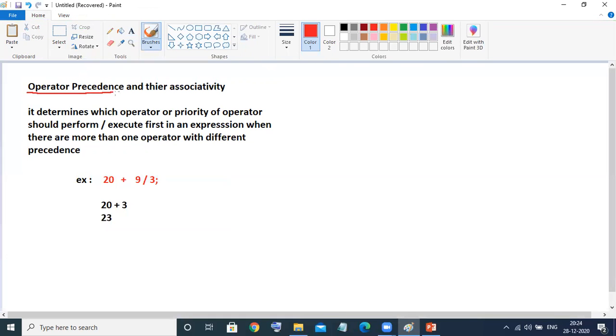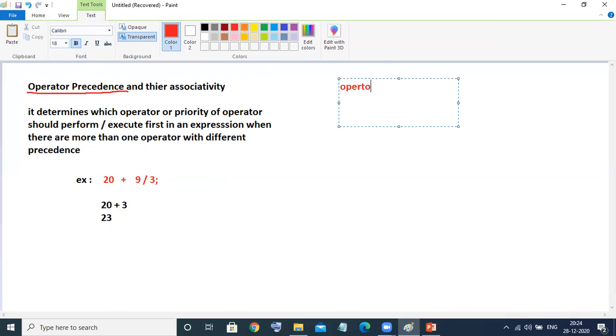If I chalk down the levels of operators and their precedence, suppose I write in that level which operator has the highest precedence. Precedence means the priority.